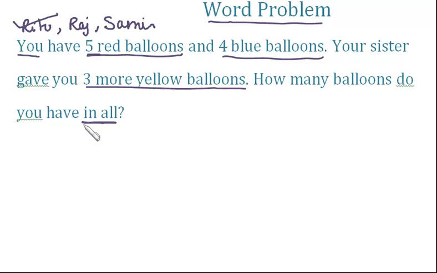Why I have underlined all of these is because you are supposed to give the answer of the addition of all these 3 types of balloons together. When you add them, what you get as the answer, the number of balloons, that is the answer of this particular word problem. So the first and foremost step is to read the word problem carefully.